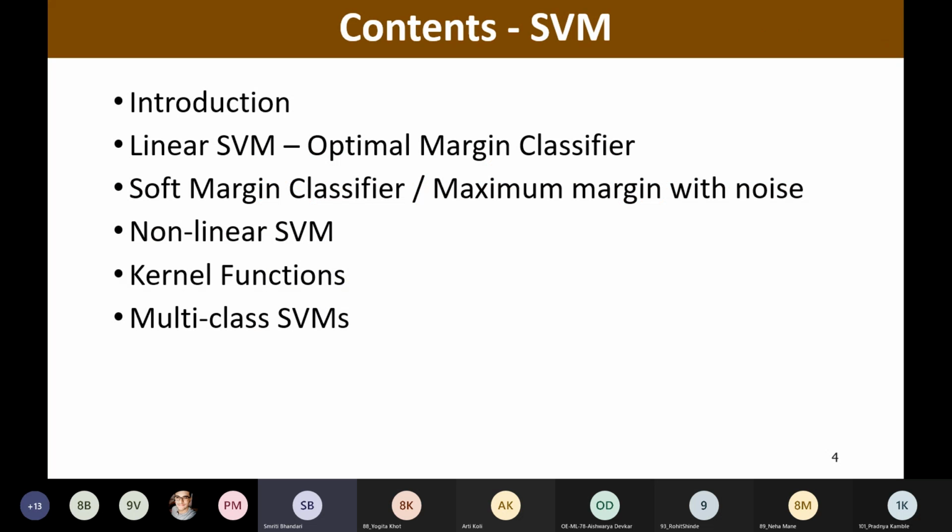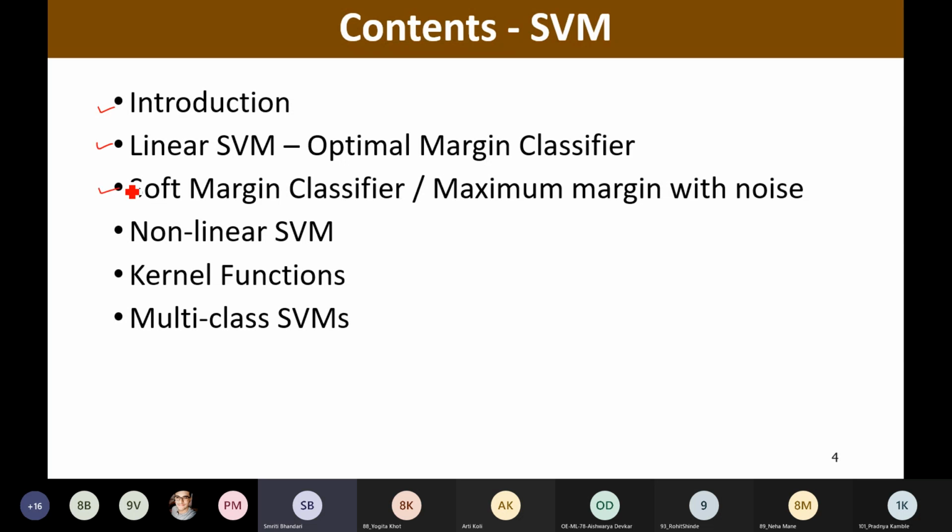machines. So what we are going to discuss in this unit, I'll be introducing what is support vector machine. It is abbreviated as SVM. We'll talk about linear SVM, optimal margin classifier, then we'll go for soft margin classifier, or we'll see the concept of maximum margin with noise.